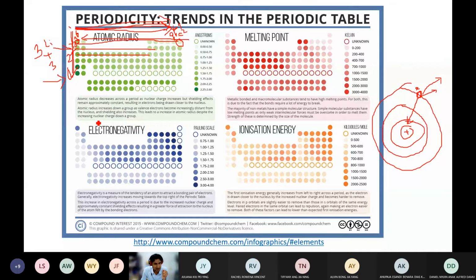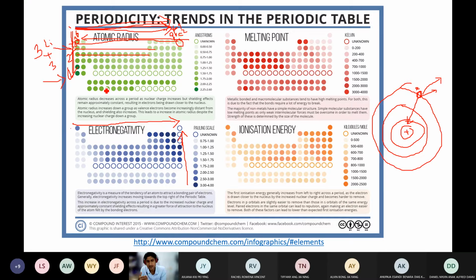And electronegativity increases, again the same way, when we go from left to right, or bottom to top.